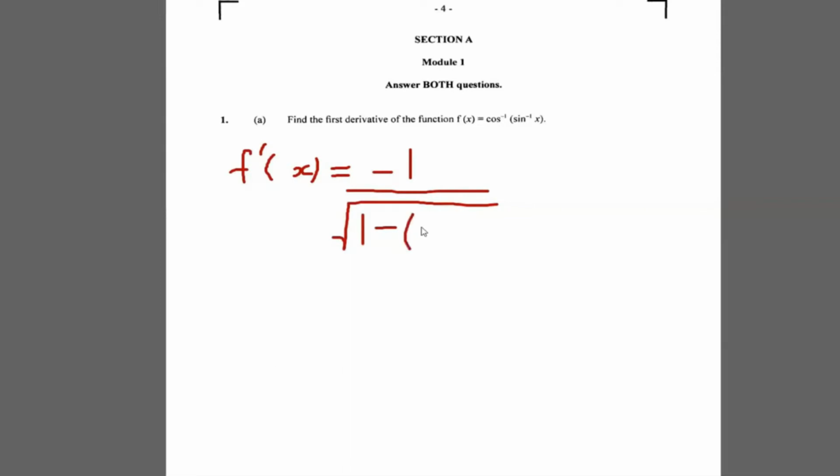We put it in brackets, sine inverse of x all squared. And then you're going to multiply it by the derivative of sine inverse of x. But the derivative of sine inverse of x is 1 over the square root of 1 minus x squared.